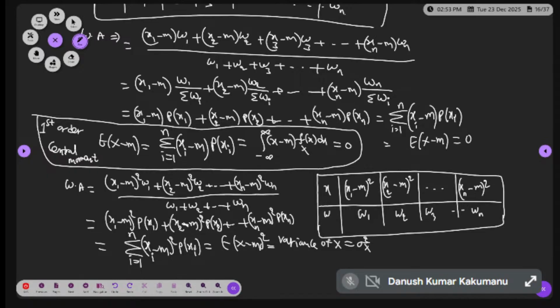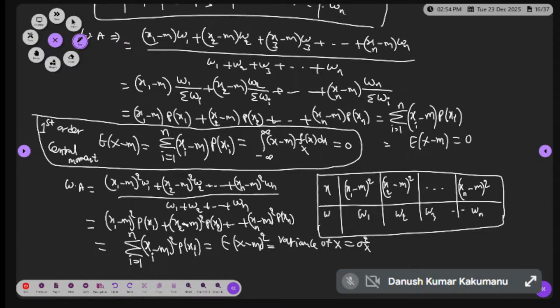Mean is which type of moment? Ordinary or central? Ordinary. Mean squared value? Ordinary. Variance? Central. Mean is first order ordinary moment. Mean squared value is second order ordinary. Variance is second order central.